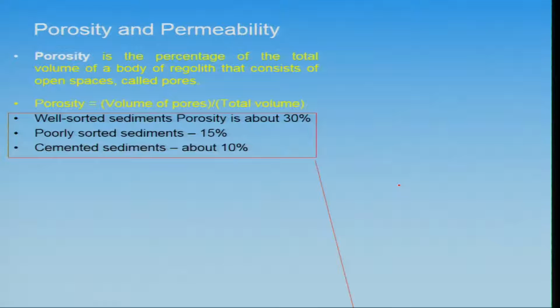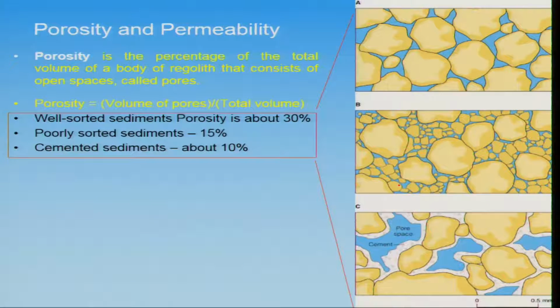Okay. So, this is how it looks. If you have well sorted material, then you will have higher porosity. If you have poorly sorted materials, you have larger grains and then smaller grains, and then smaller spaces are available here.